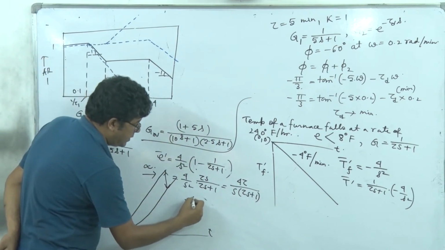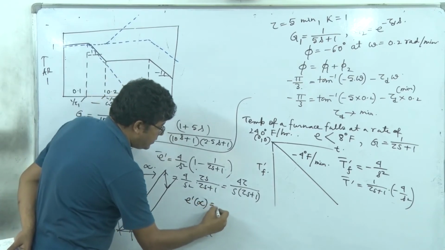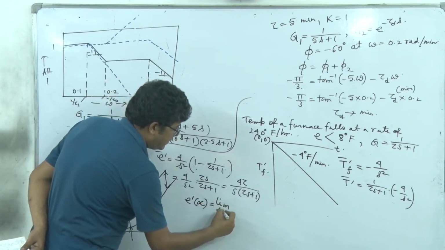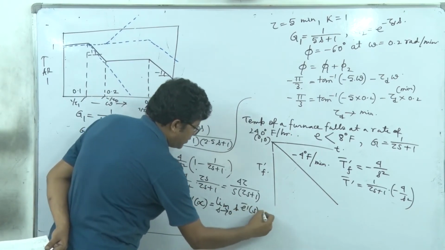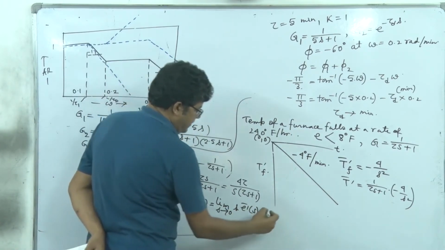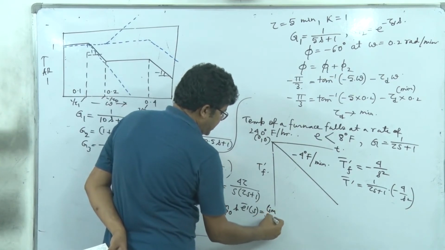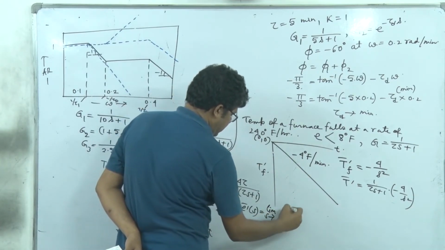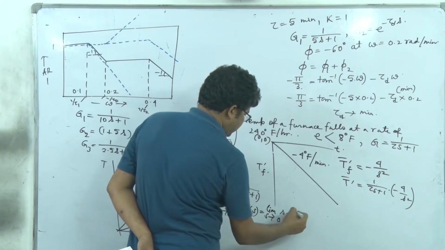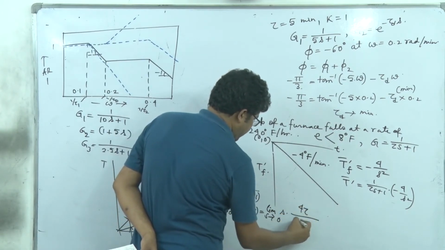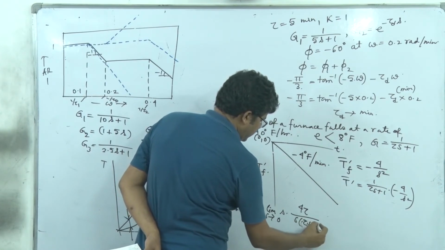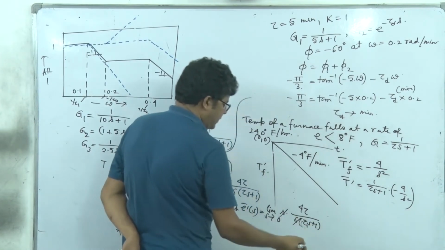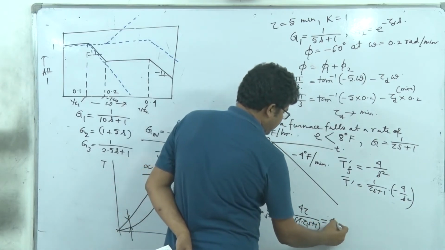So E prime infinity, which we know as limit S tending to 0 of S into E prime bar S, by the final value theorem, is limit S tending to 0 of S into 4 tau divided by S, this tau S plus 1. So S cancels out, S tending to 0, so it is 4 tau.